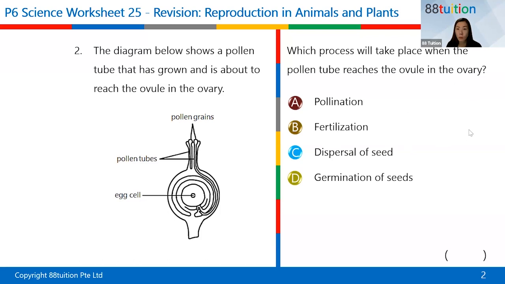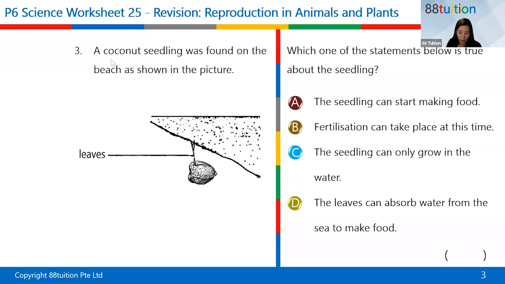Everybody got this correct, so no need to go through in detail. Question 3: this is a coconut seedling. It was found on the beach as shown. There are actually leaves on the seedling. So what do you think is the correct statement? Once there are leaves, what can the seedling do?